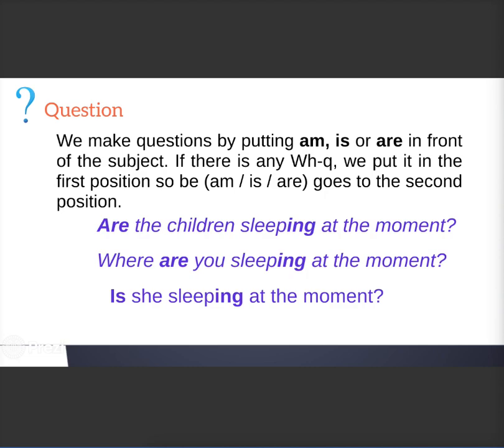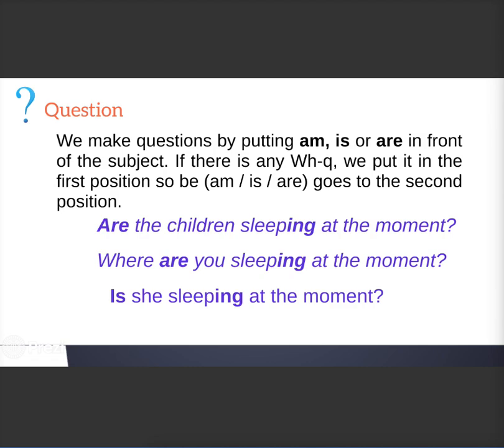If there is any WH question, we put the WH word in the first position, and is or are goes to the second position.